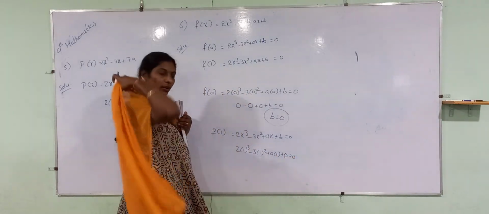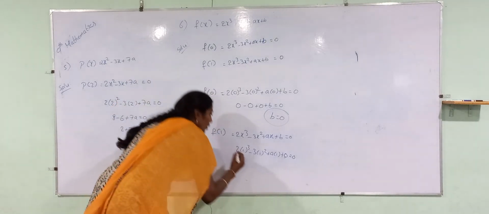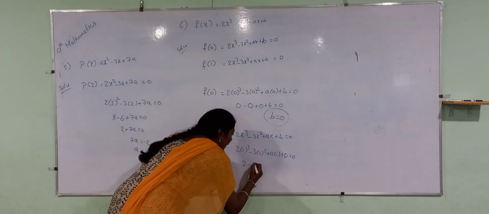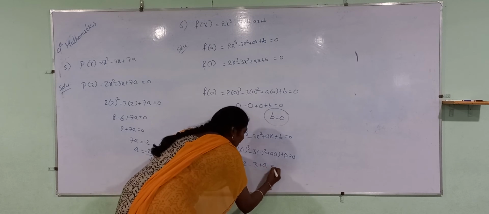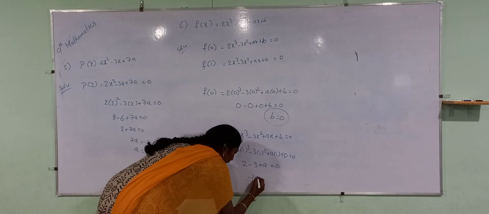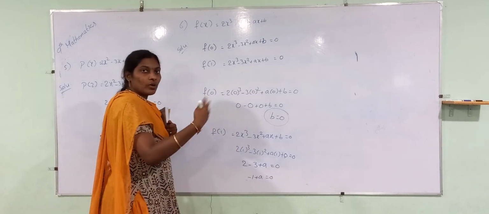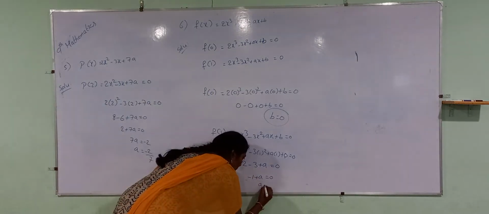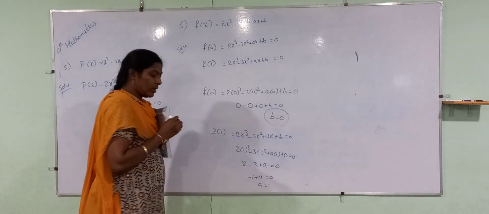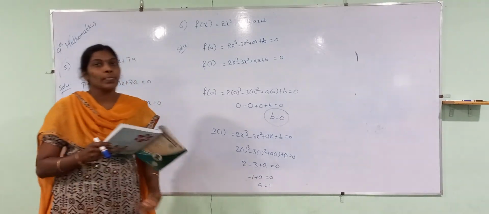So 0 equals 1 cube, 1. 1 into 2, 2. 2 minus 3 plus a is equal to 0. 2 minus 3 is minus 1, plus a equals 0. Minus 1 is a negative number. If it goes to the right hand side, it becomes positive. So the value of a is 1 and the value of b is 0. Understand?